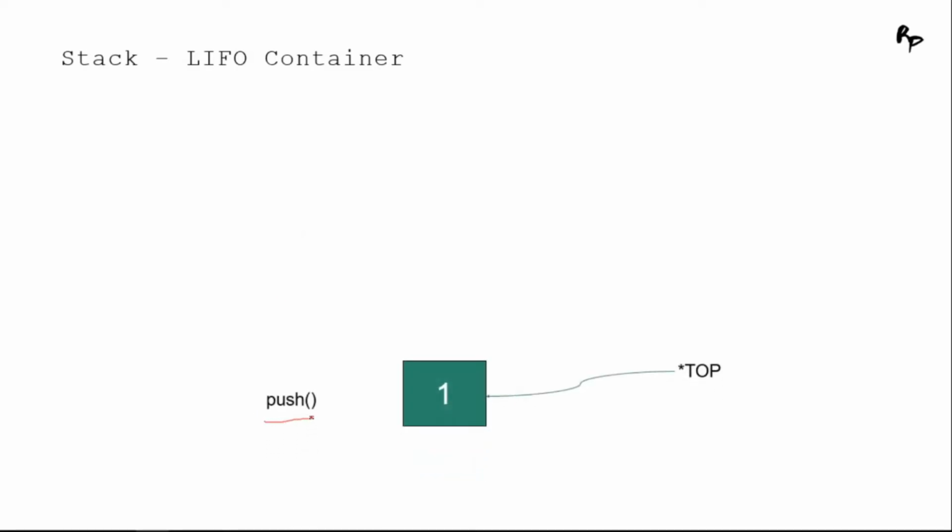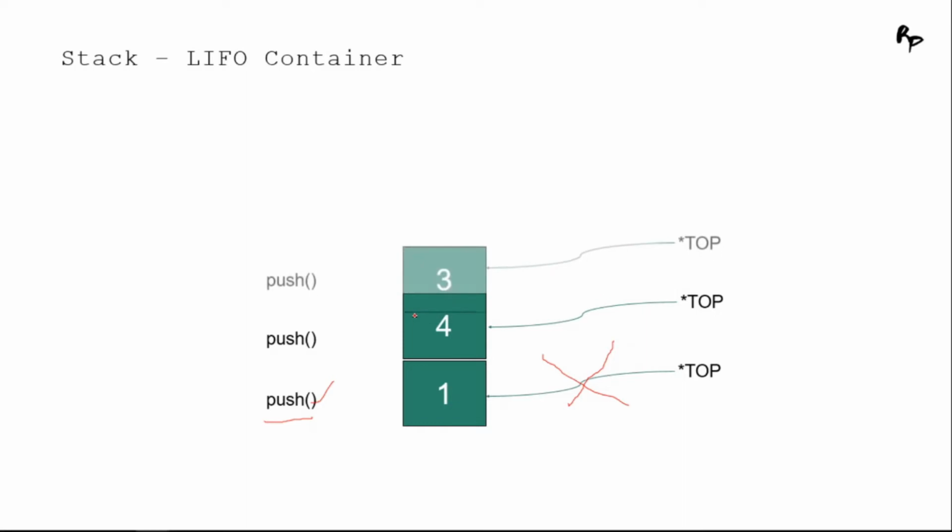This is the operation that the stack supports, push. It's going to push one to the stack. We need to pass a parameter in the push function that will be inserted in the stack. Let us insert one more element, that is 4. Then the top pointer will be removed from here, and the top pointer will now point to the top element.